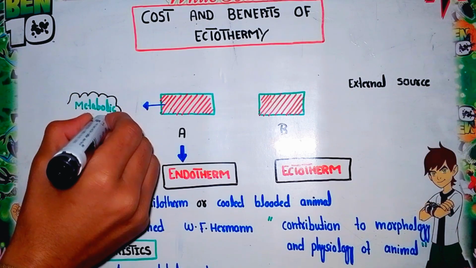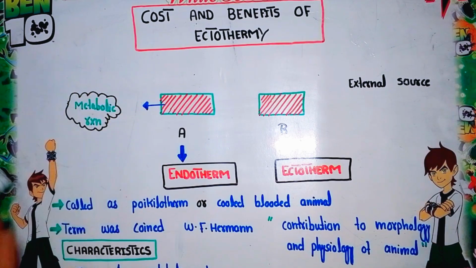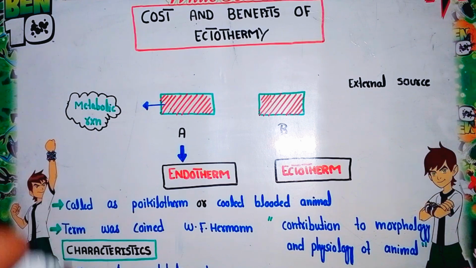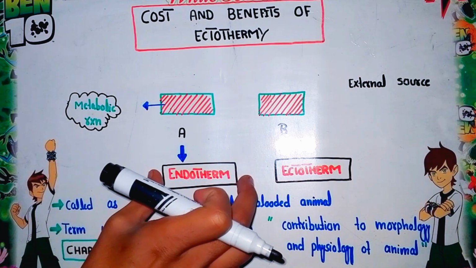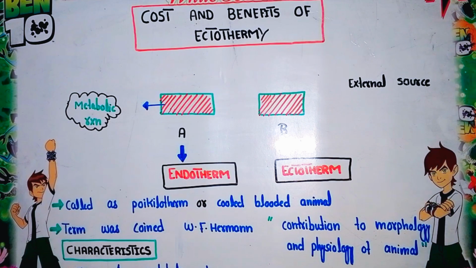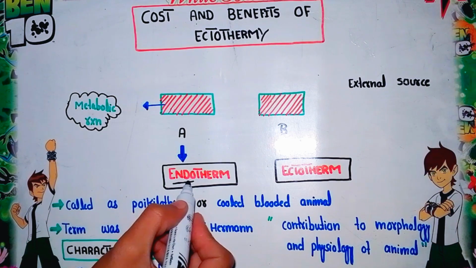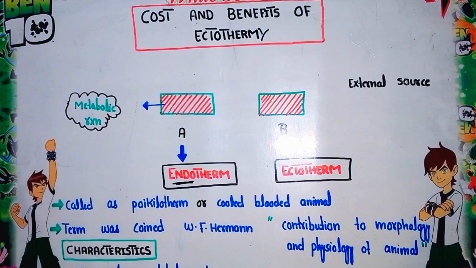When these metabolic reactions occur, they generate some heat, which the organism gains. Organisms that obtain their heat from metabolic reactions are called endothermic animals, because they get heat from internal metabolic reactions. As the name indicates, endo means inside. So that's why they are called endothermic animals.